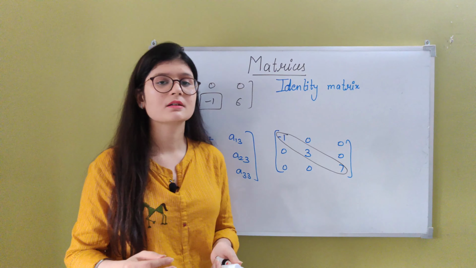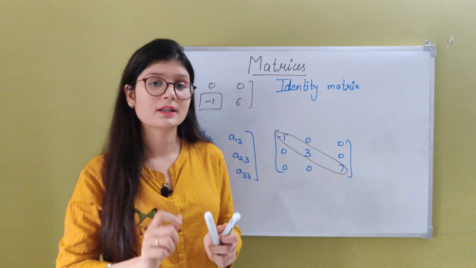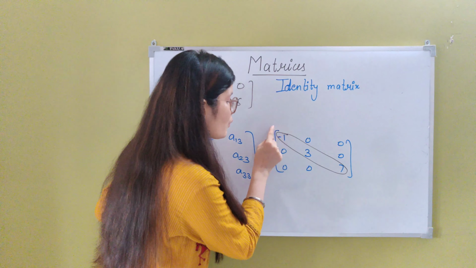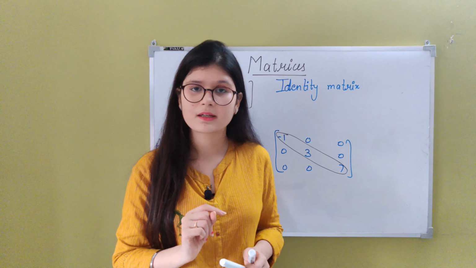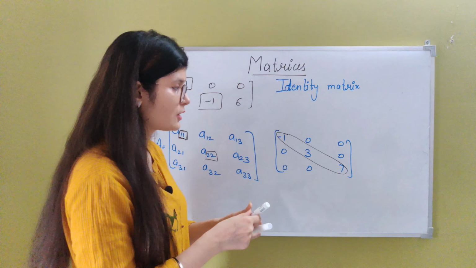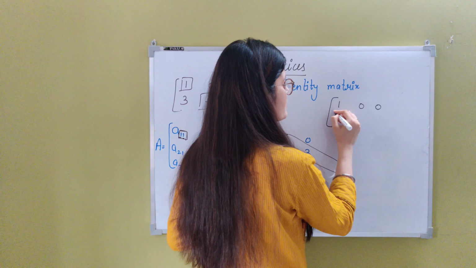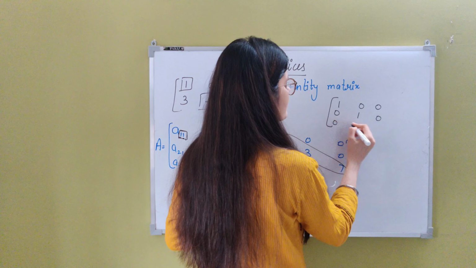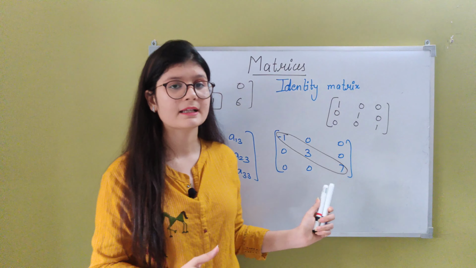An identity matrix is a particular case of a diagonal matrix. And what is that particular case? The particular case is when all the diagonal elements become 1. It means you can write it as 1 0 0, 0 1 0, 0 0 1. This is a particular case of a diagonal matrix.